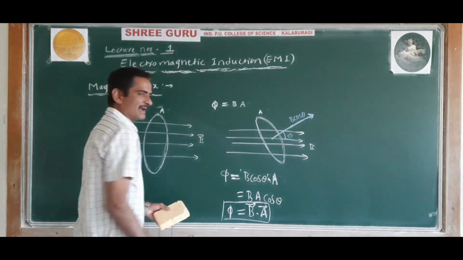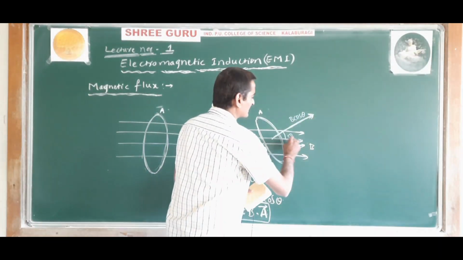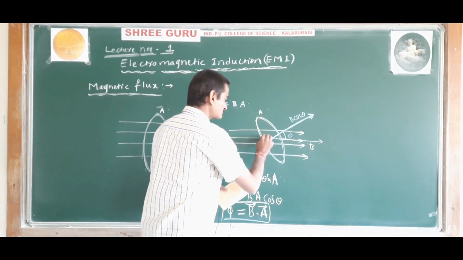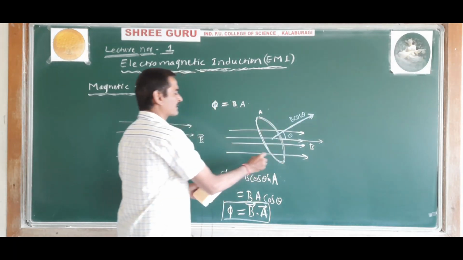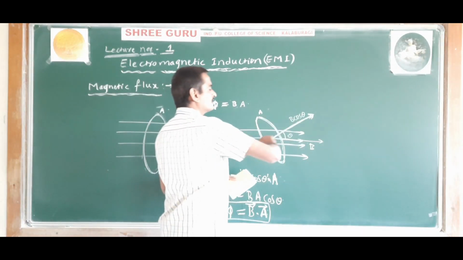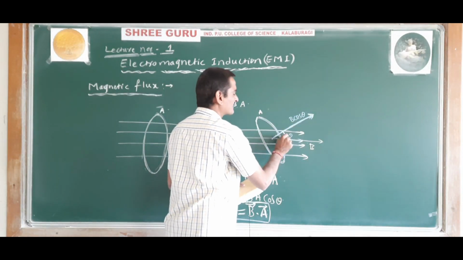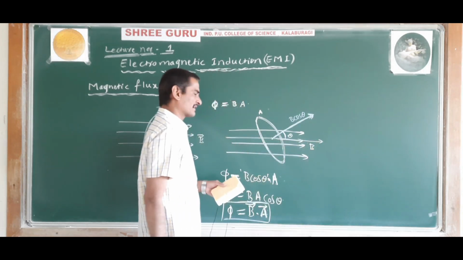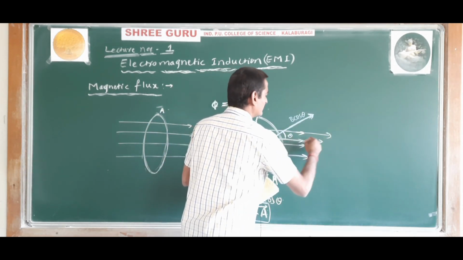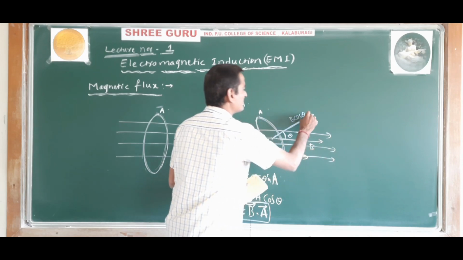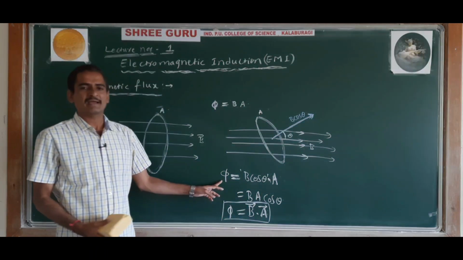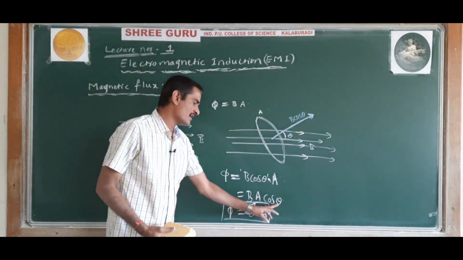The component of the magnetic field perpendicular to the area is B cos theta, because the area is not perpendicular to the magnetic field. If the normal drawn to the area makes an angle theta with the direction of the magnetic field, then the component of the magnetic field normal to the area will be B cos theta, and B cos theta into A gives the magnetic flux, or BA cos theta.